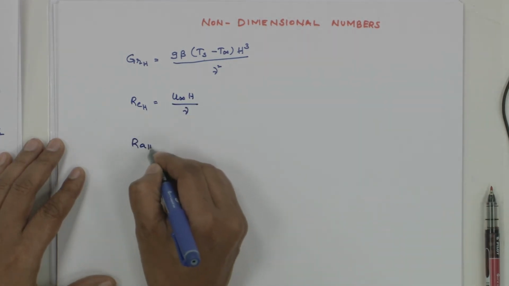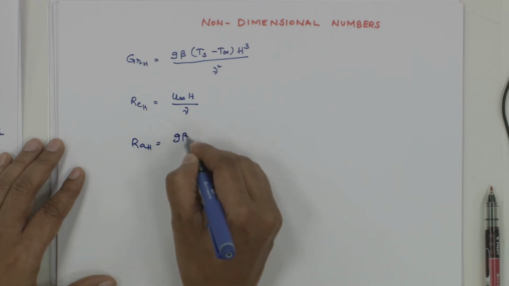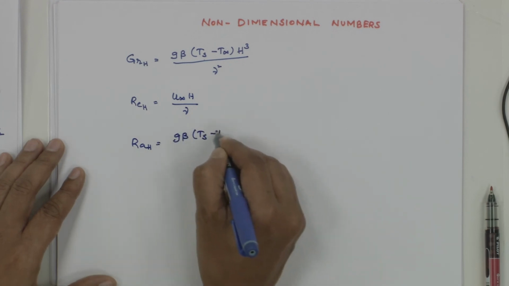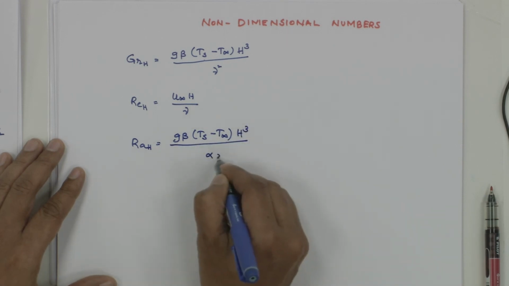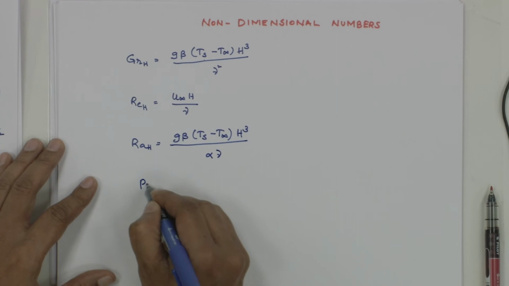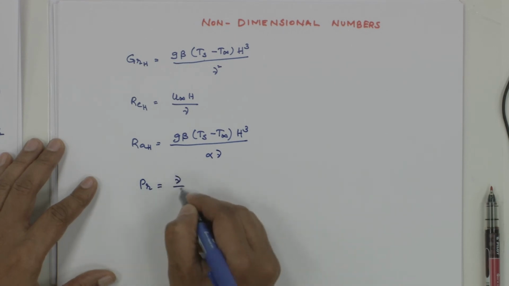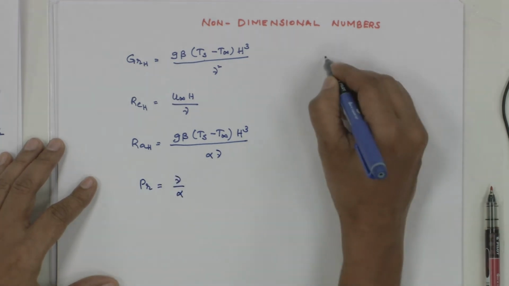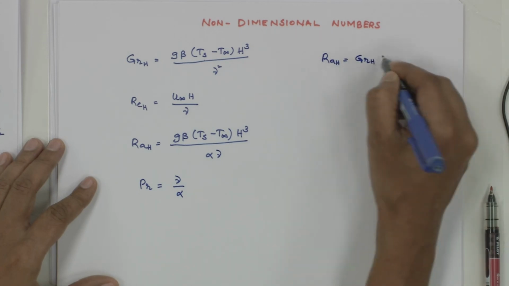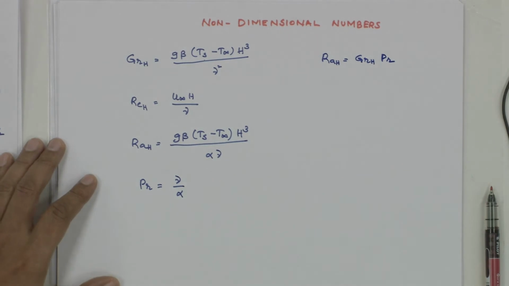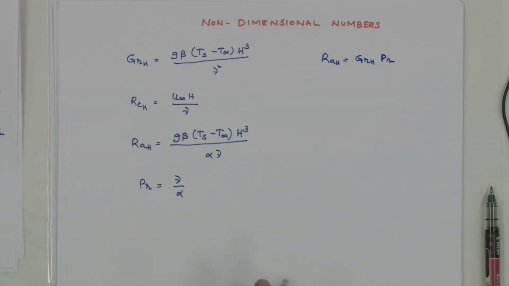Rayleigh number is equal to g beta (Ts minus T infinity) H cube upon alpha nu, Prandtl number is equal to nu upon alpha, and Rayleigh number is equal to Grashof number into Prandtl number. So these are the non-dimensional numbers which we have gotten from our analysis.